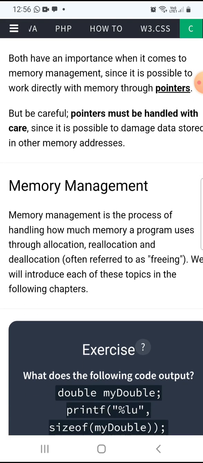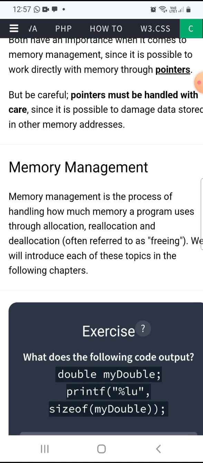While handling pointers, we need to be very careful, because there is a chance of damaging the data stored in the memory addresses. Already I told you that in computer memory locations, data will be stored. Every memory location has a memory address.